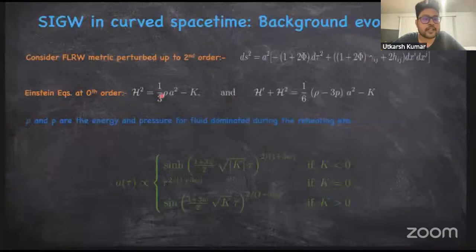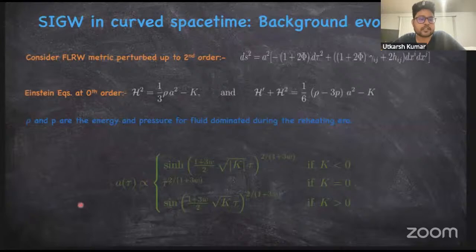Here rho and P are the energy density and the pressure of the fluid dominating during the reheating era. Now the background is fully determined by solving the Einstein equations, such that we can find the scale factor in terms of the conformal time for the different geometries.